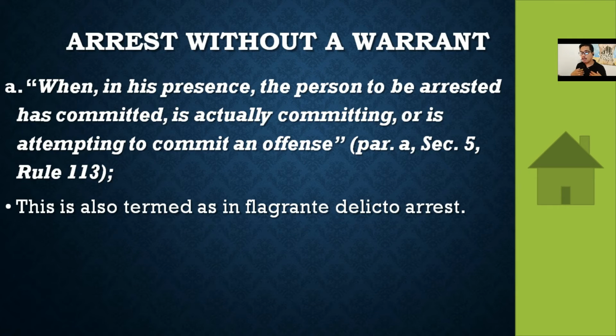If the act is not overt, not exhibited externally, like just thinking of killing someone, it is not an overt act, so it cannot be a basis for arrest. But if there is an overt act, meaning you saw him perform it, indicating that he committed, is actually committing, or is attempting to commit a crime, then that could be a basis under the first ground.